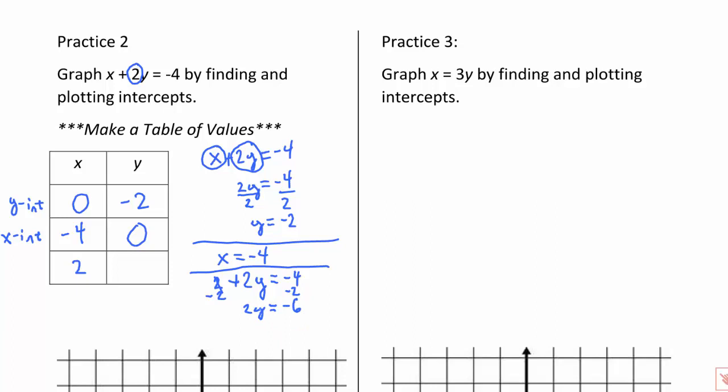Now I need to get this y by itself, which means that this is all one term, so the only way to get rid of this 2 is to do the opposite of multiplying, which is dividing. That gives me y is equal to negative 3. Fantastic. Let's go ahead and plot these points.